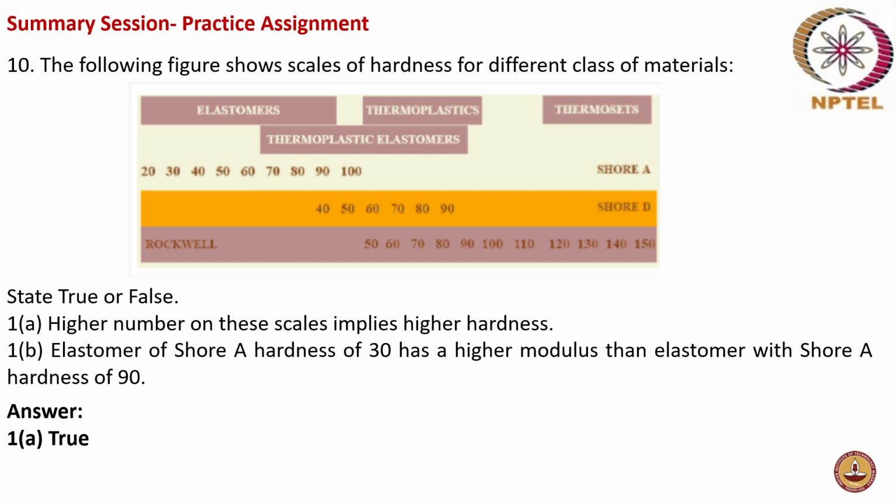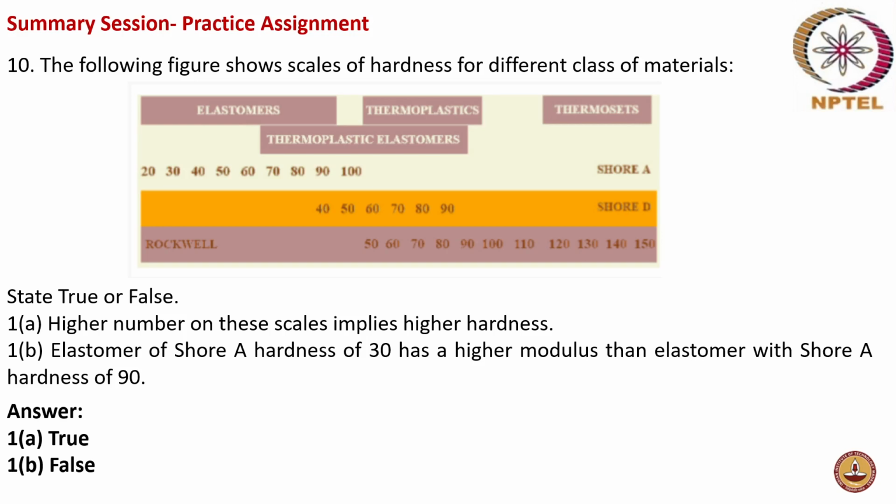Now the second question is, an elastomer of Shore hardness of 30 has a higher modulus than an elastomer with a Shore hardness of 90. Is it true? Will a material having a lower hardness have higher modulus or not? It is actually false. A material having a higher hardness, that is the material having a Shore hardness of 90, will have a higher modulus compared to your material having a hardness of 30.